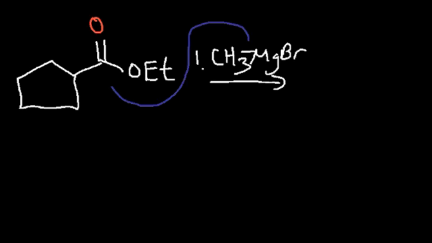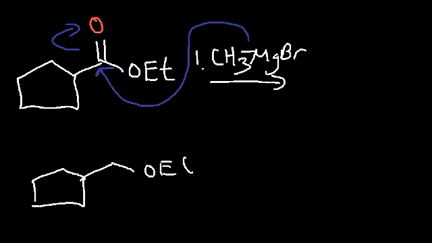So the methyl group is going to attack the carbonyl carbon. And so let's add the CH3 here. So we're going to have a tetrahedral intermediate just like before. And then this is going to collapse and kick out the ethoxide ion.